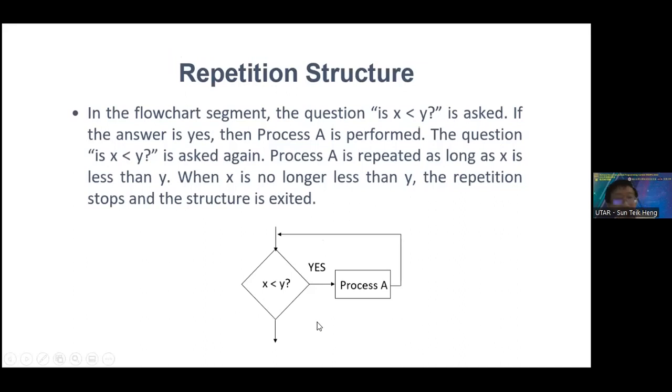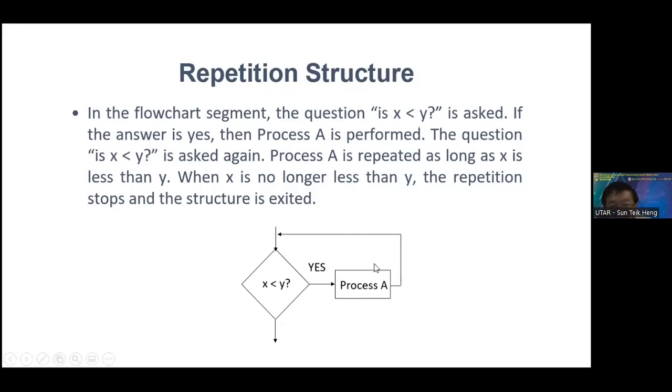Repetition. Now, repetition also you use this because you have to do some decision here, where you decide if X is less than Y. If yes, then you do this processing here, and then you repeat. You see, you repeat back to here again, and you go to the decision here.